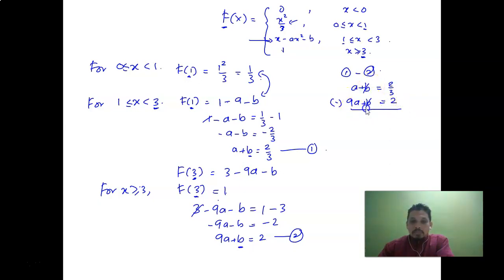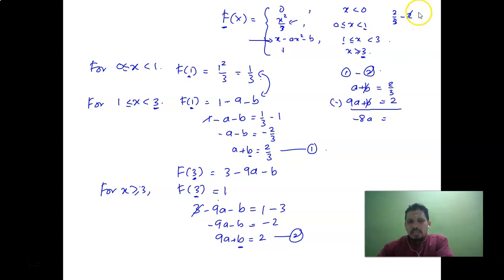So b minus b, a minus 9a is negative 8a, and 2/3 minus 2.